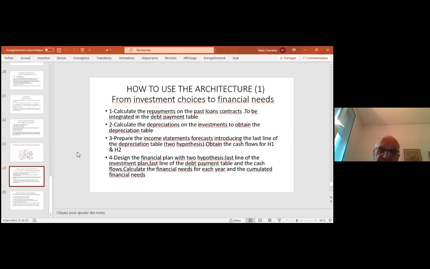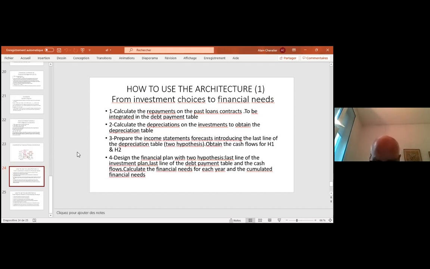In fact, in its structure, it's a very simple financial plan with the last line of the investment plan, the last line of the debt payment table, and the cash flows obtained from the income statement forecast. And as you get two different lines of cash flows, you need two different financial plans.